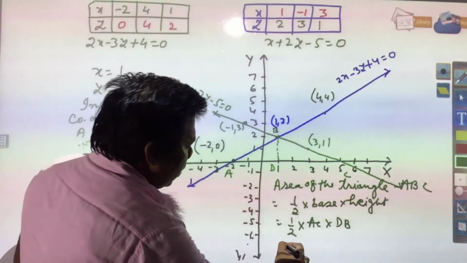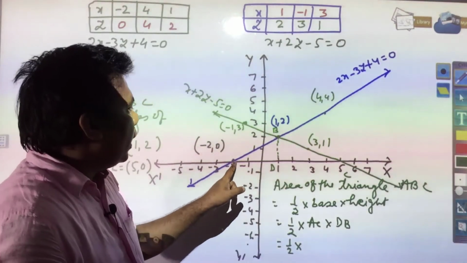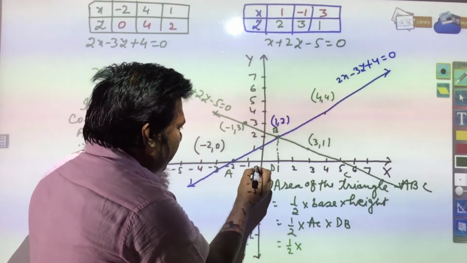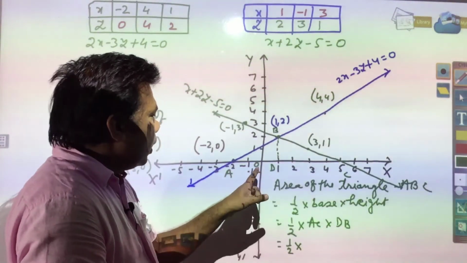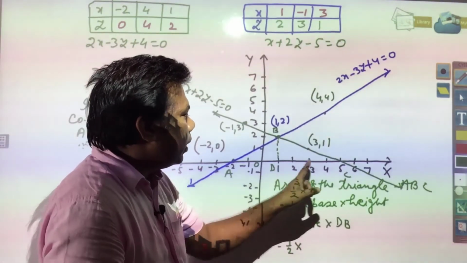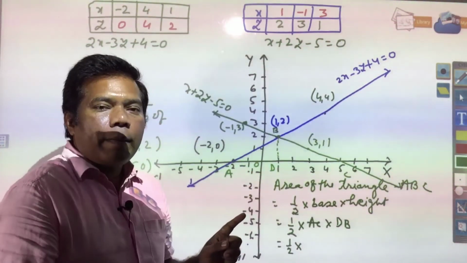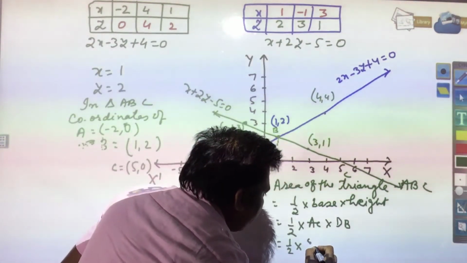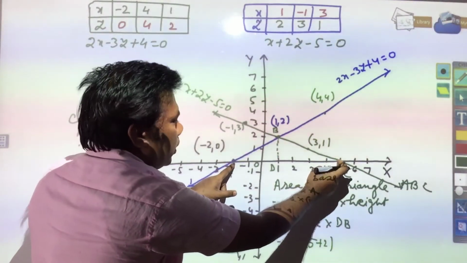Now, you see 1 by 2 into AC. What is AC? Suppose you name the point O. So, AO plus OC: OC you have 5 and OA you have 2. So, this will be 5 plus 2. The whole length you will take as the base.